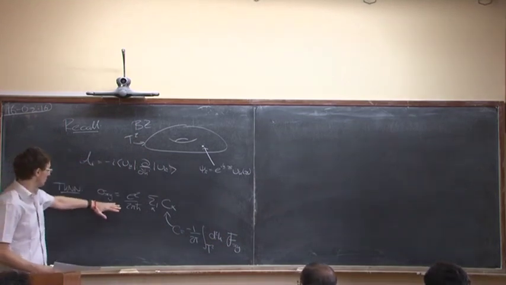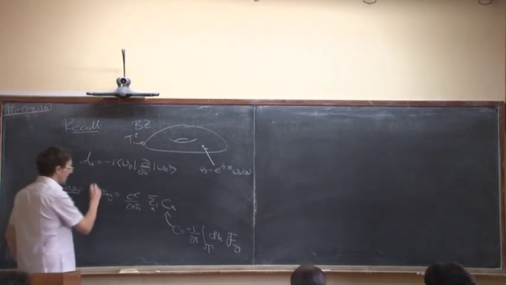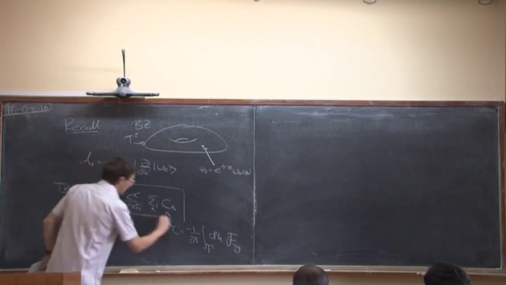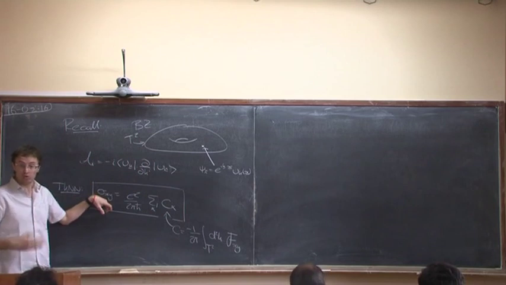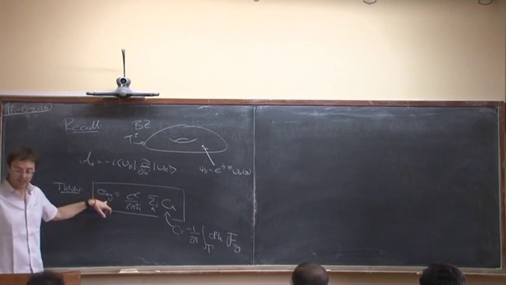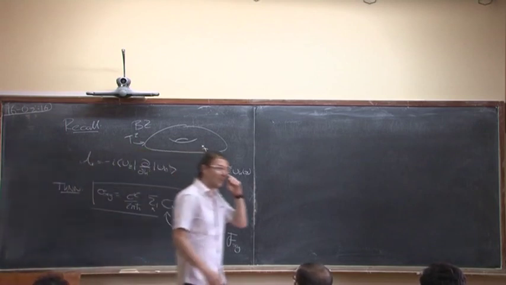So this is the formula that I wrote down. And what I planned to do was derive this, go through and prove this from everything we had. I can still do that.